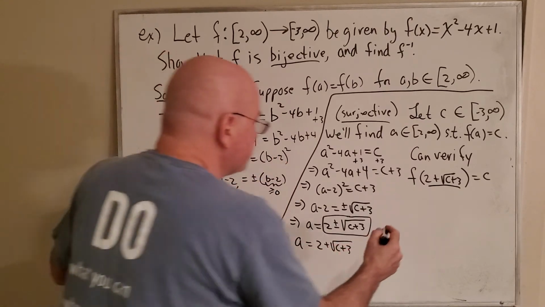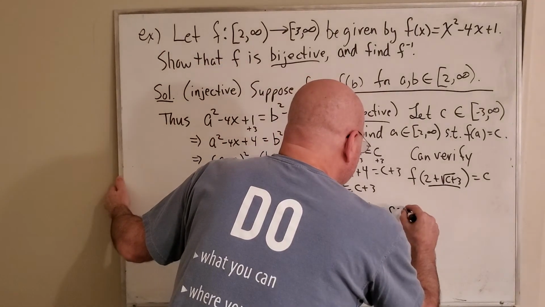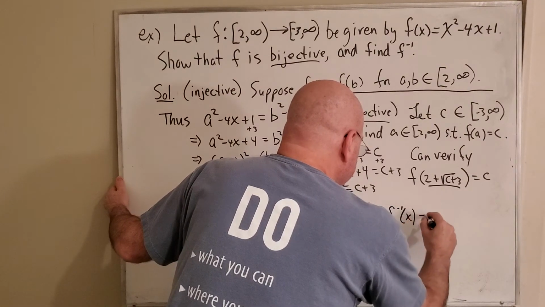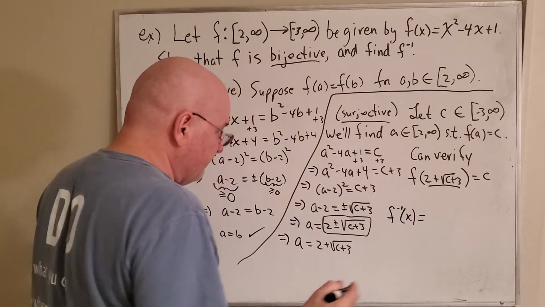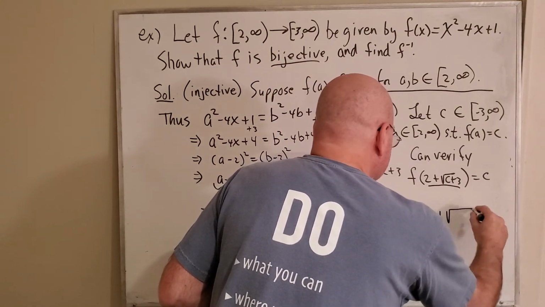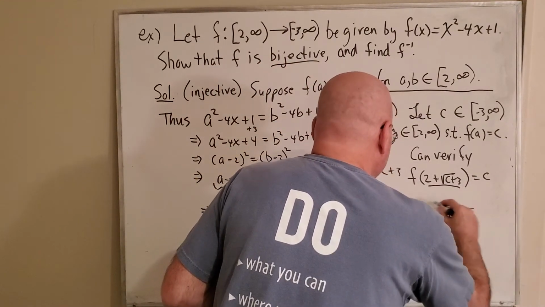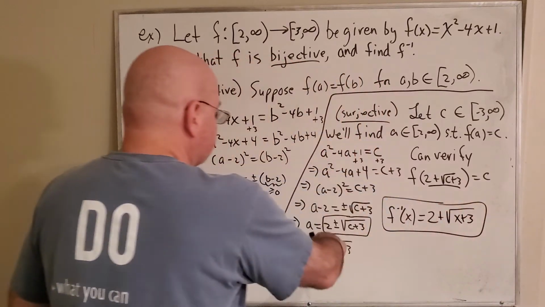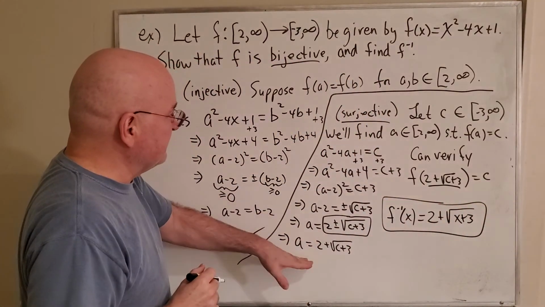All of the 4 steps are in there. F inverse of x is equal to 2 plus the square root of x plus 3. We already went through the recipe. This is basically what it is.